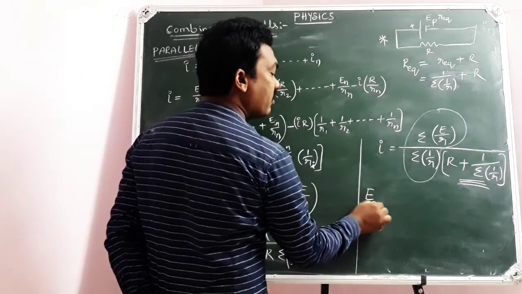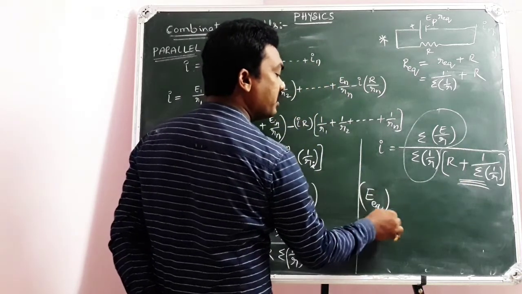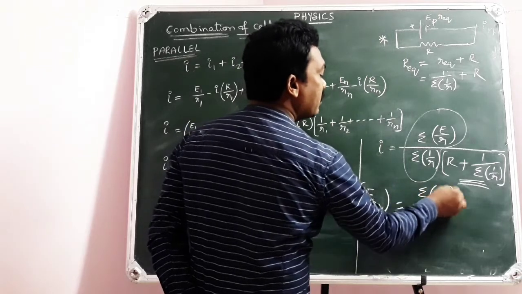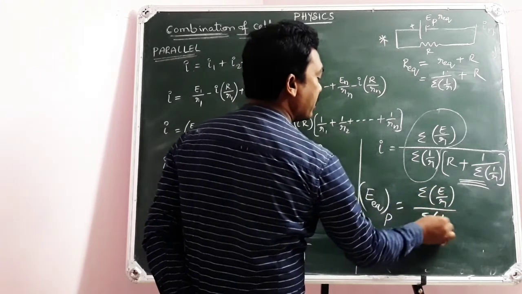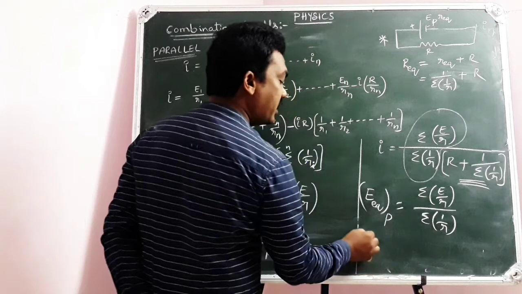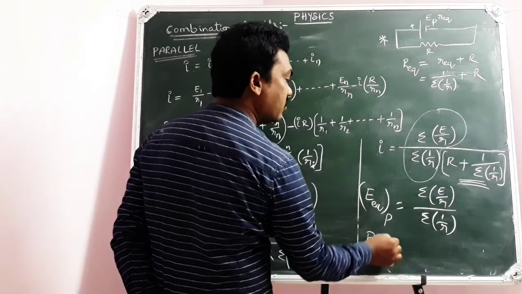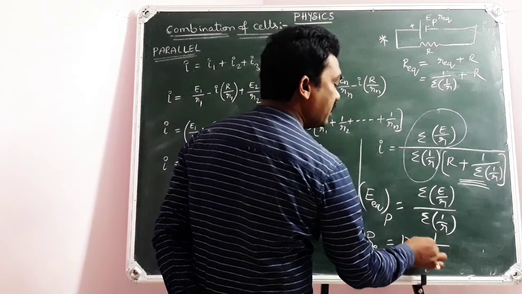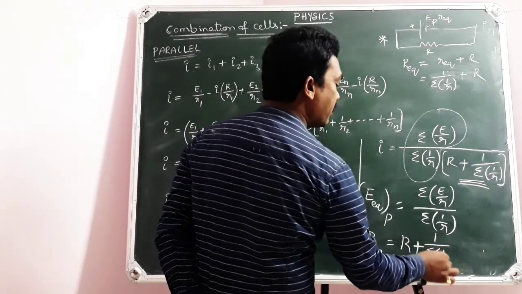That's why equivalent EMF of parallel combination is equal to sigma of E by R by sigma of 1 by R, and equivalent resistance of the circuit is equal to R plus 1 by sigma of 1 by R.